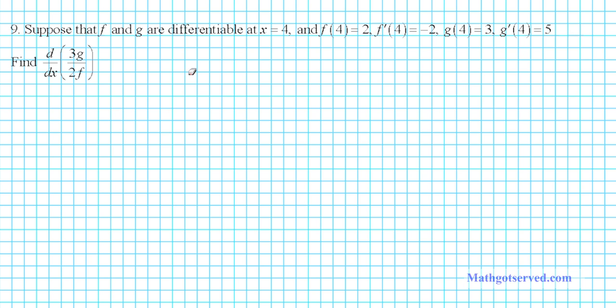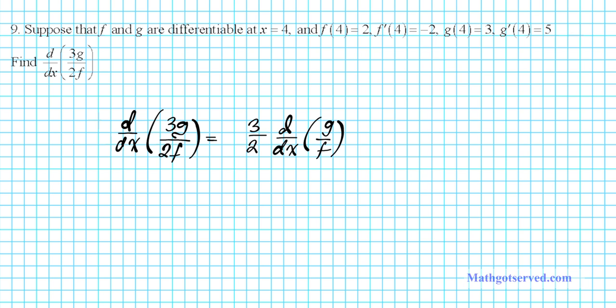So let's go ahead and find this derivative. Now we can factor out 3 over 2 from this expression. So the derivative d/dx of 3g over 2f can be written as 3 over 2 times the derivative of g over f.